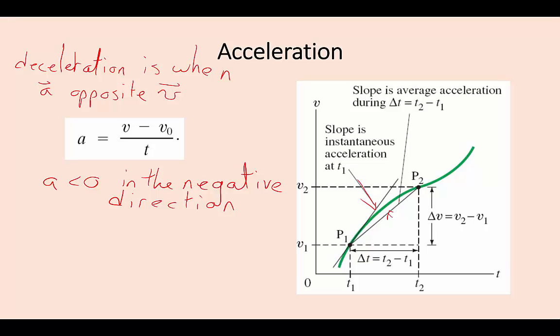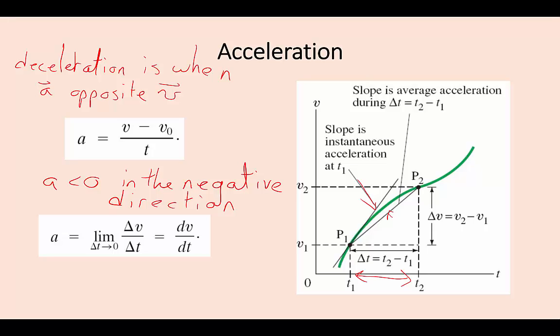And of course, the instantaneous acceleration is the average acceleration as you decrease your delta t. So as delta t gets smaller and smaller, your average acceleration becomes your instantaneous acceleration.